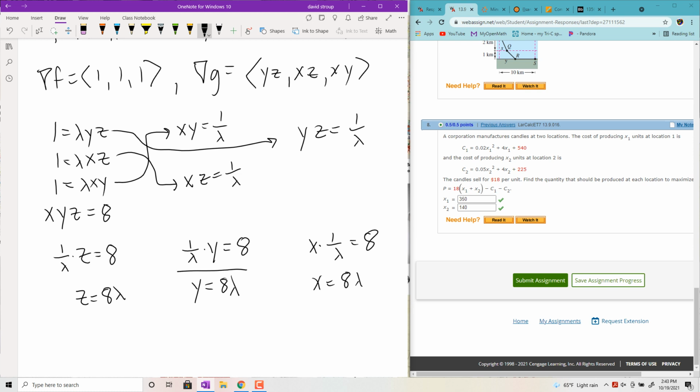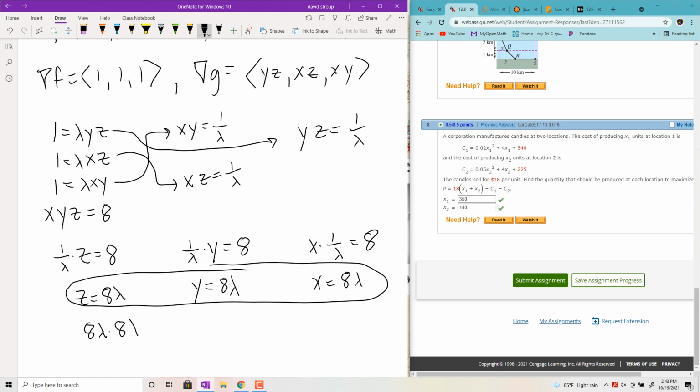Then you can plug all of this into the constraint equation. And you get 8 lambda times 8 lambda times 8 lambda equals 8. So you get lambda cubed equals 8 over 8 cubed, which is 1 over 8 squared, which is 1 over 64. The cube root of 1 over 64 is just 1 over 4. And then you could back sub to get x, y, and z.